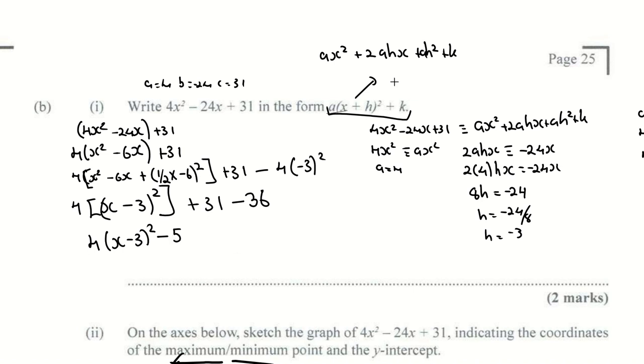So you could see that a is 4, h is negative 3, and k is negative 5, right? Or you could do it with equating the coefficients, right? Do we understand this, Celia and Janae? Whichever method that you choose.